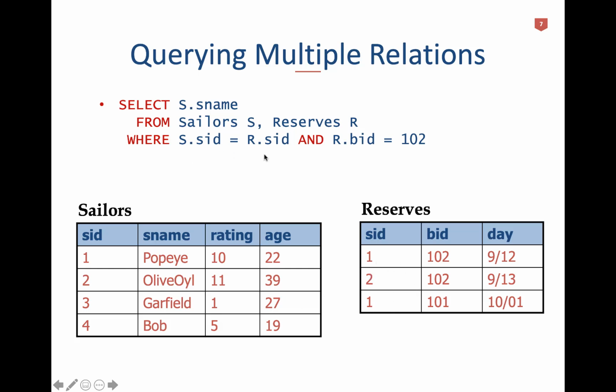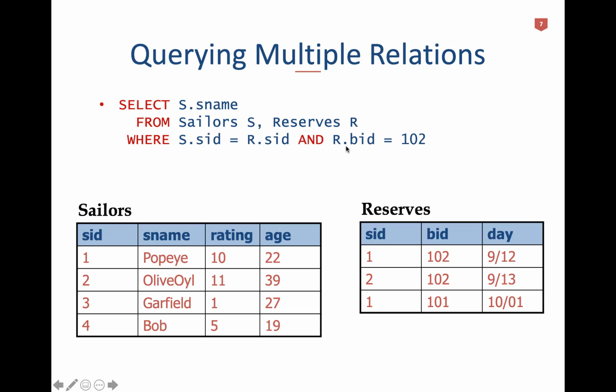Then when you join them on sid, you will be left with only a smaller group, where, for example, Popeye's row will only be linked to two rows, because the sids are equal.